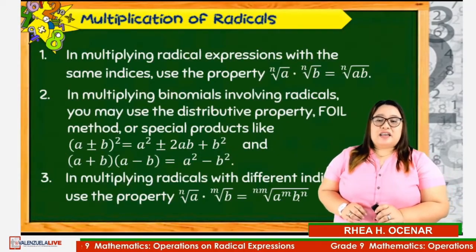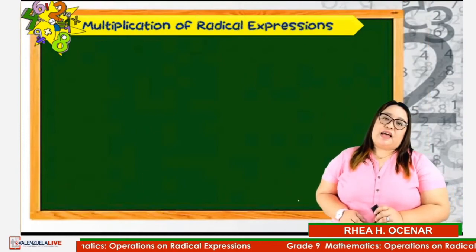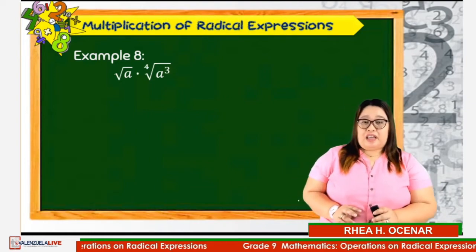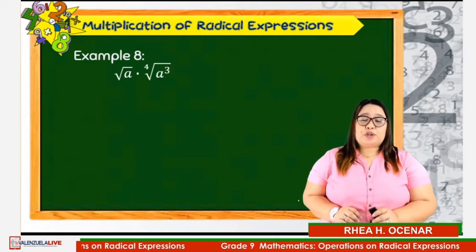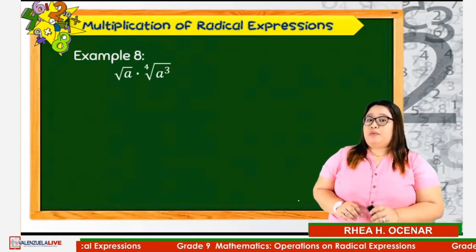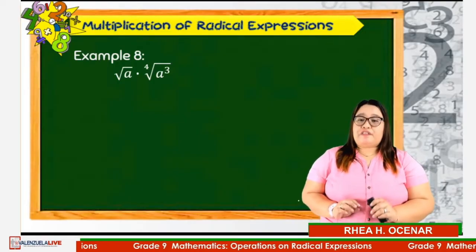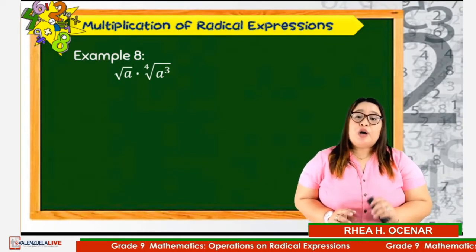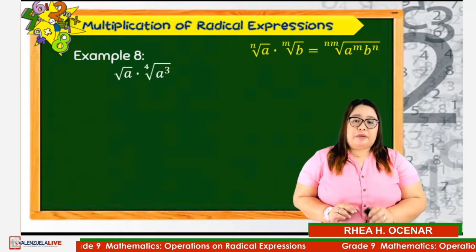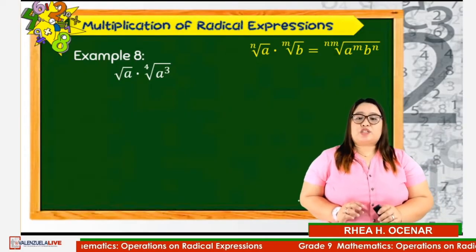Last case, in multiplication of radicals. Example, square root of a times 4th root of a cubed. To solve this problem, we use the property nth root of a times mth root of b is equal to nm root of a raised to m, b raised to n.